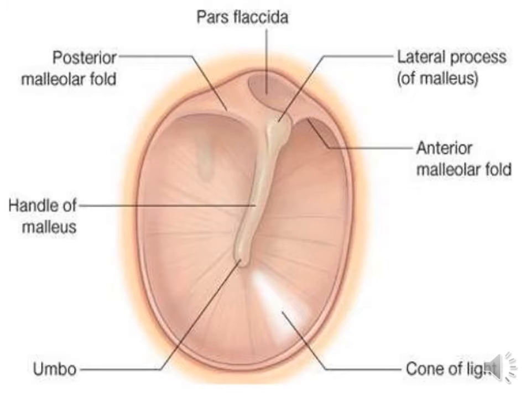Next to it is the posterior malleolar fold, and beyond it, toward the anterior, we have the anterior malleolar fold. Then the handle of the malleus, ending with the umbo of the tympanic membrane. In the lower part we have a triangular cone called the cone of light, which reflects the light through the tympanic membrane.